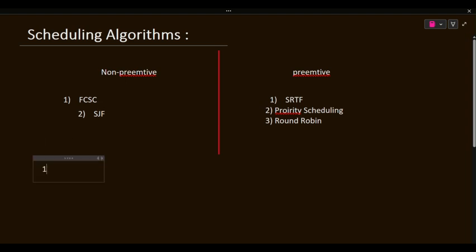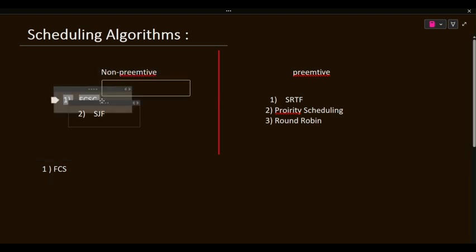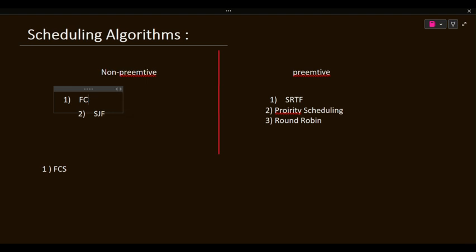Let's start the first algorithm, FCFS. FCFS stands for first come, first serve.